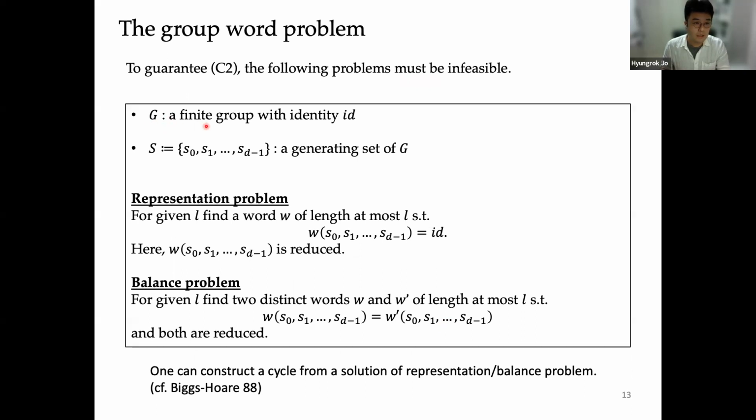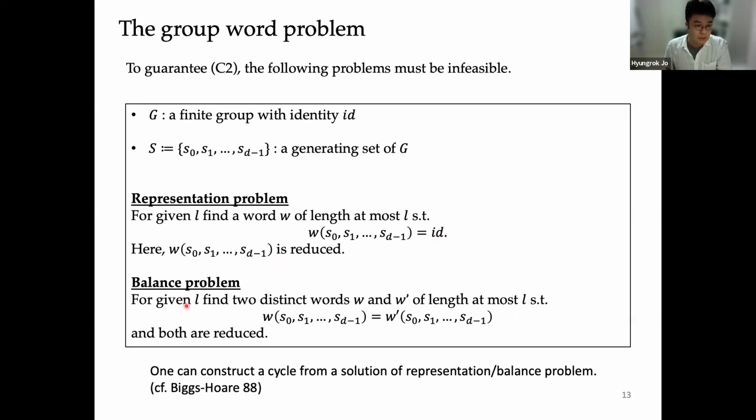Here, G is a finite group with an identity, denoted by ID, and S is a generating set of G, with D generators. The representation problem means, for a given length L, find a word W of length at most L whose product is the identity, and the word is reduced.